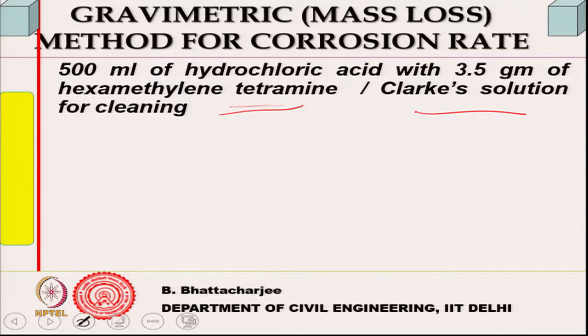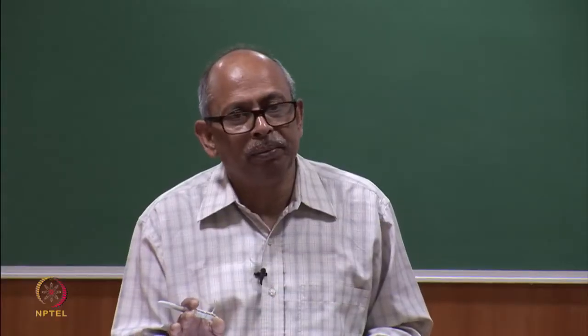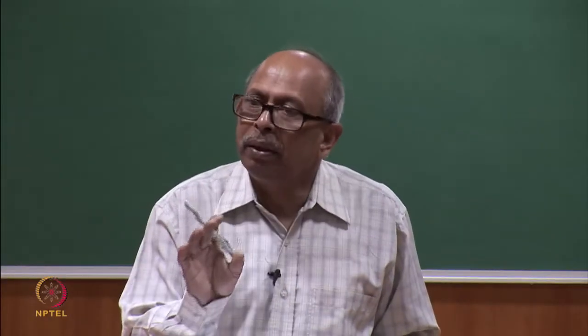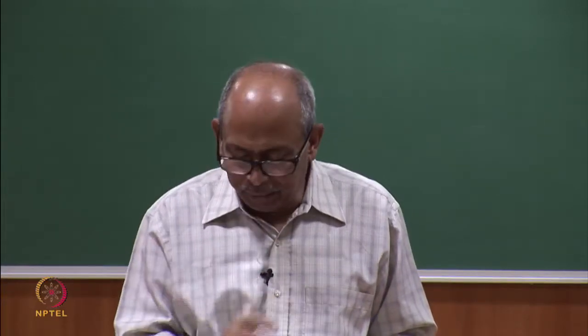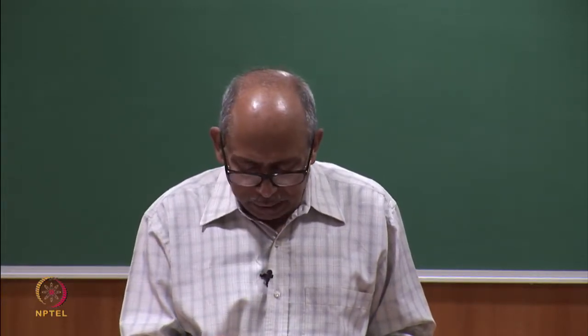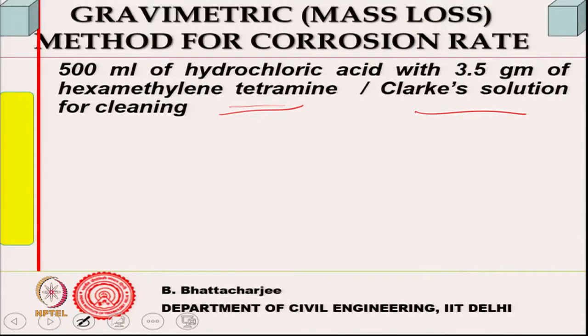You first brush it off, then apply this solution on top of the rebar, all the rust will get dissolved, and intact iron will remain as it is. So, you can find out the mass. This is prepared with 500 ml hydrochloric acid with 3.5 grams of this. If you apply this solution at the surface, rust gets dissolved, iron still remains as it is.